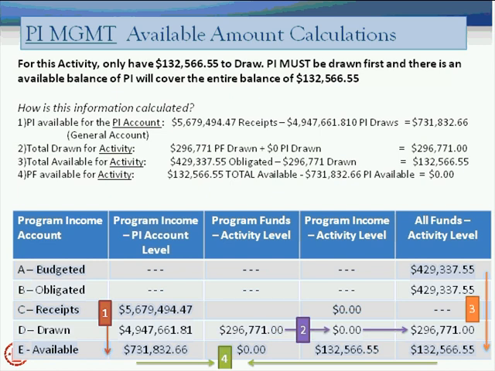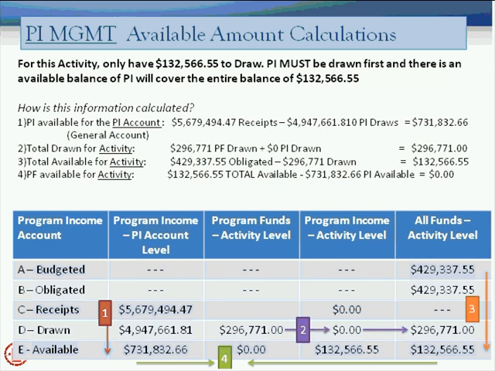So the total budget is $429,337.55, and they fully obligated that entire amount as well. With the total draw of $296,771 that we figured out in step 2, we have a remainder of $132,000 plus some change available for this activity level.